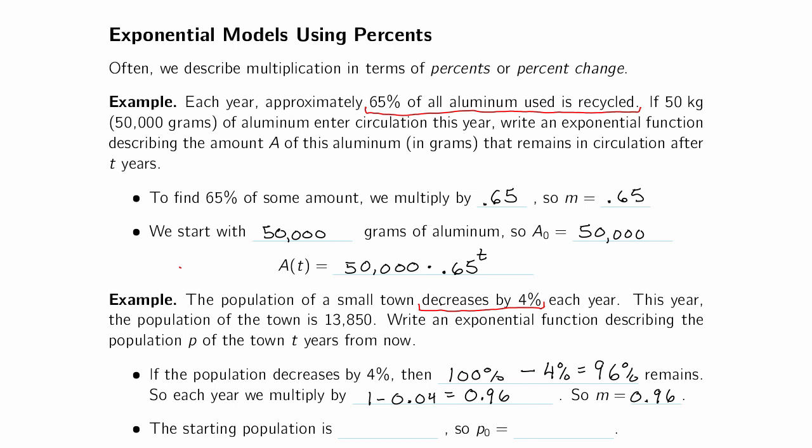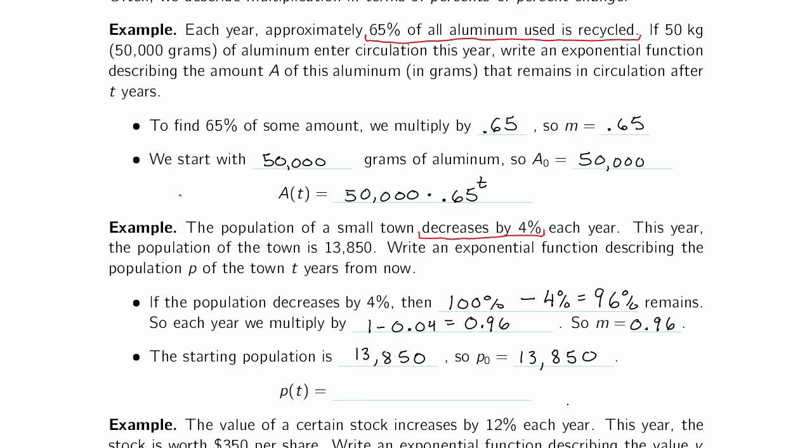The starting population, the population this year, is 13,850. So that's the value of our P naught, 13,850. We found the multiplier and our starting value.